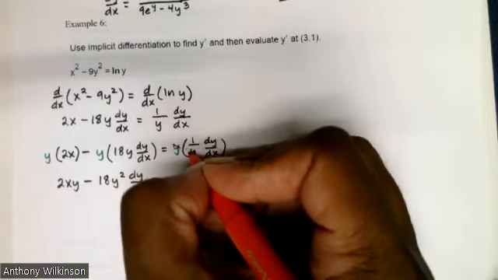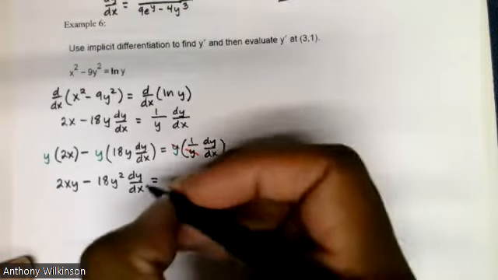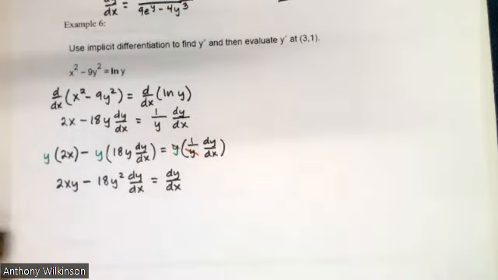The y's divide out. All I'll be left with is 1 dy dx, or just dy dx. Because I'm getting rid of the fractions here in the denominator, so that way I have an equation that I can easily get dy dx by itself.